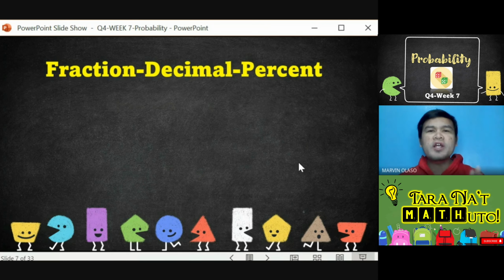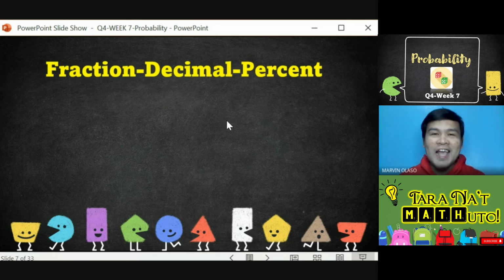Okay. To clearly visualize the concept of probability, we need to get our answer to fraction or decimal or in percent form. So, dapat balikan ninyo yung pinag-aralan natin kung paano ba natin i-change ang sagot from fraction to decimal, from decimal to percent, from percent and vice versa.